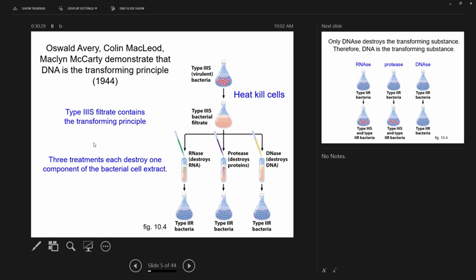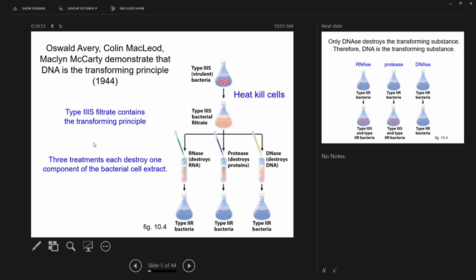So they did the same kind of experiment that was done earlier by Griffith's group, except here they took the type 3S virulent bacteria, heat killed the cells, and then essentially blended them up so you have this bacterial filtrate.